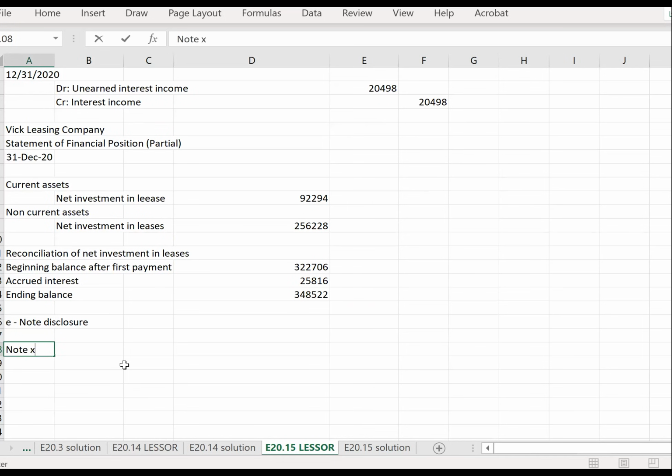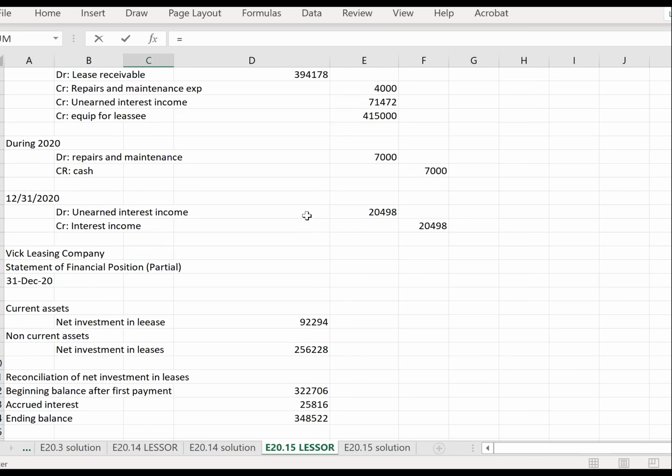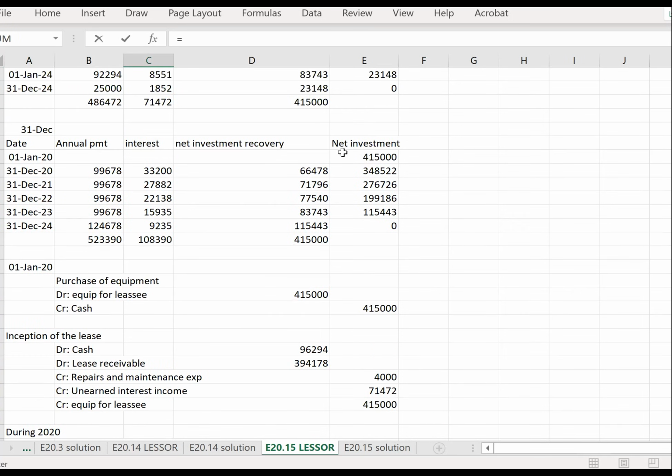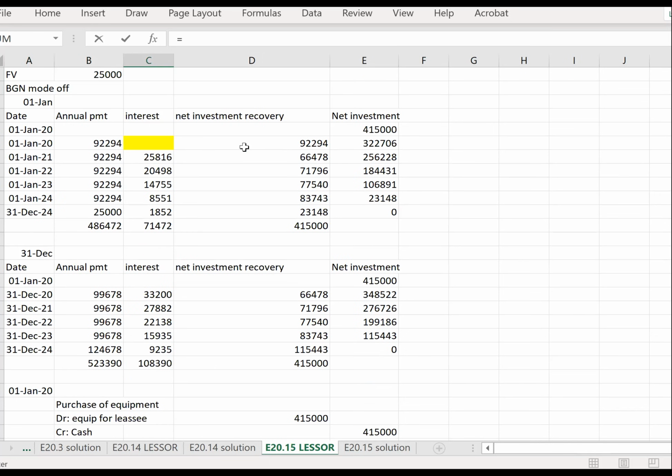So we're going to have note X, the company's net investment in a financing lease includes the following. We're going to have total lease receivable is going to be this number. Well, we've already received the first payment.